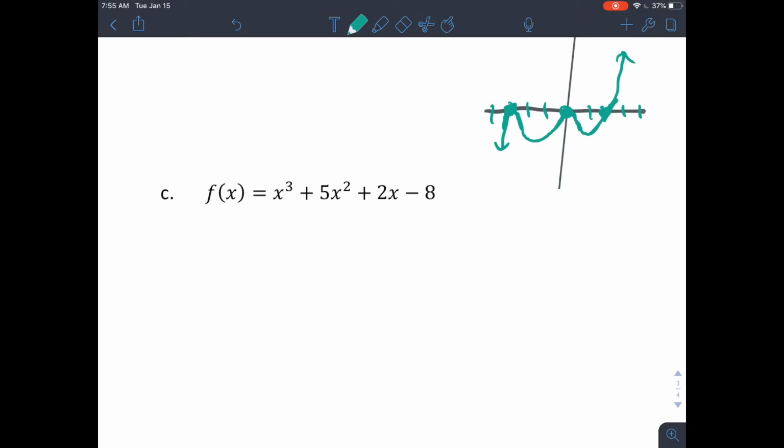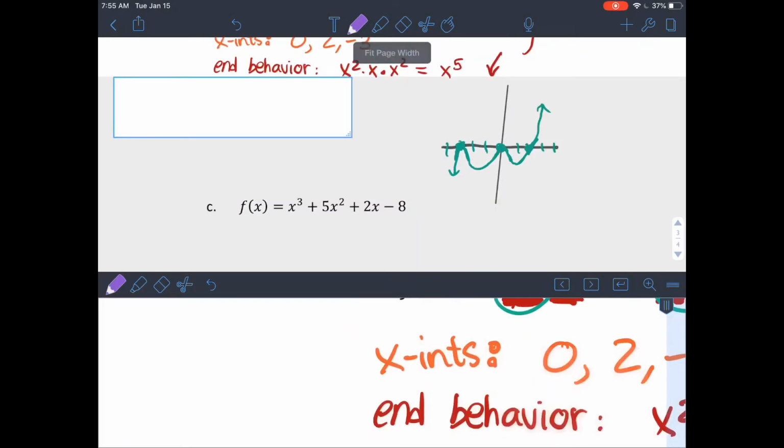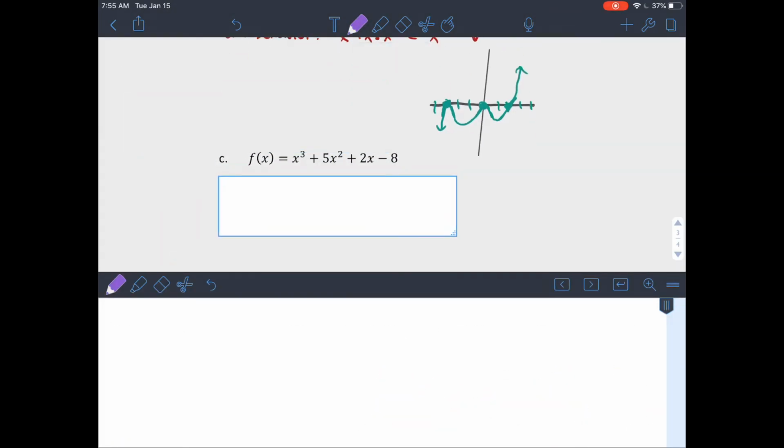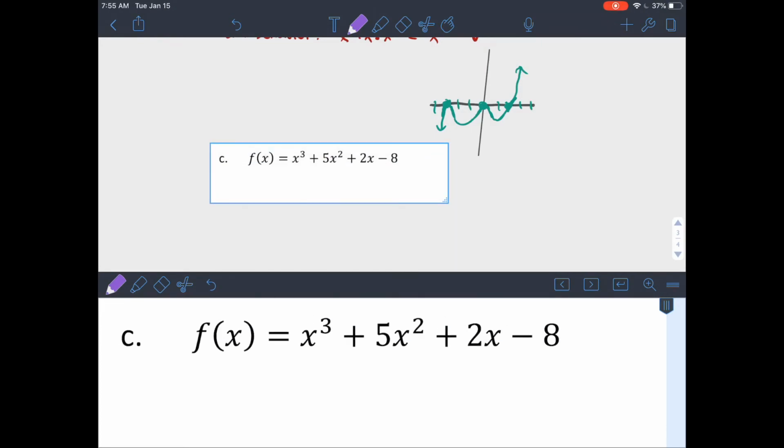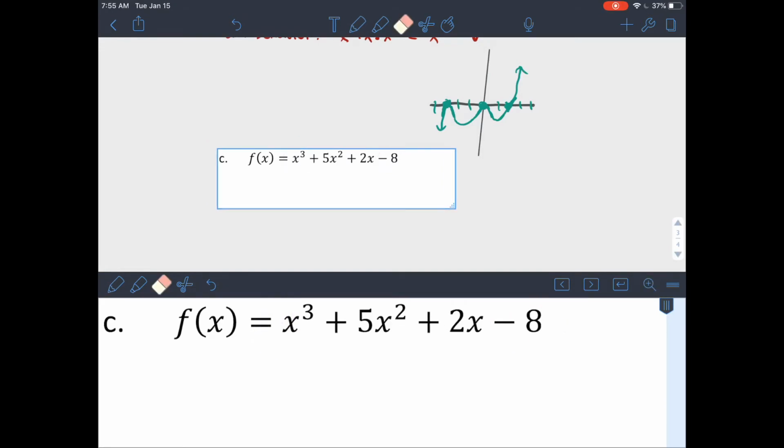All right, one more. We can do this. This one, though, is not factored, so we're going to have to factor it first before we can graph it. So throwback to a couple days ago, we're going to have to guess what we think some potential zeros might be by taking our factors of 8 divided by factors of 1, because the rational zeros theorem says that any of those could be zeros of this polynomial.